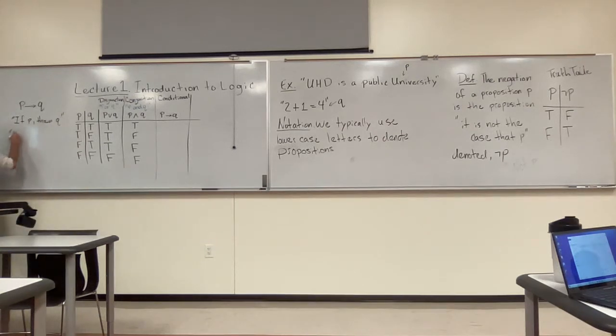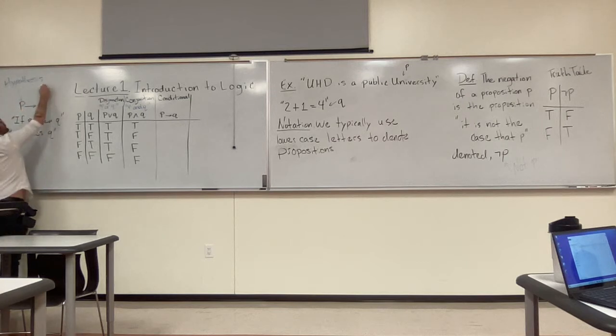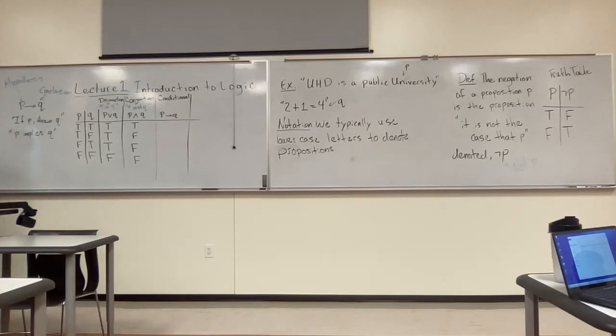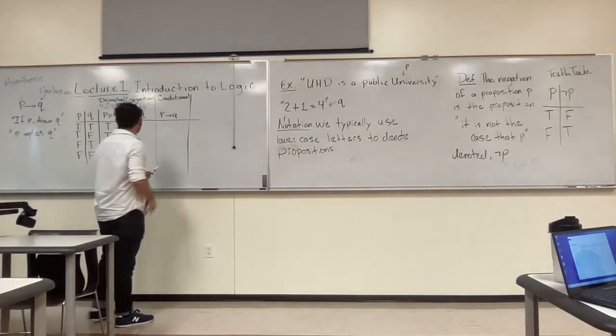Another way would be P implies Q. And in this instance, P is called the hypothesis, and Q is called the conclusion. Okay. Now let me write out the truth values for these.